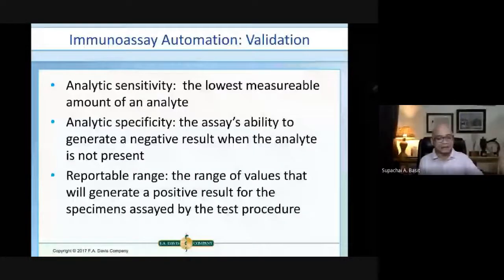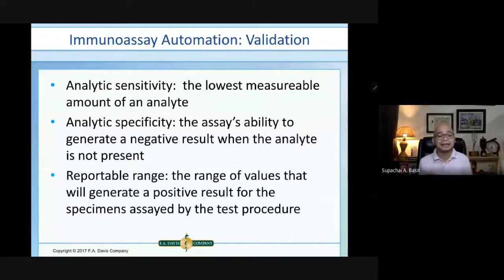Okay. So this time, when it comes to diagnostic validity, we have already discussed what we mean by analytical sensitivity. This was our lesson from last week. We have already computed how to determine this one. When you say sensitivity, it is the lowest measurable amount of an analyte. I hope you can still remember it.